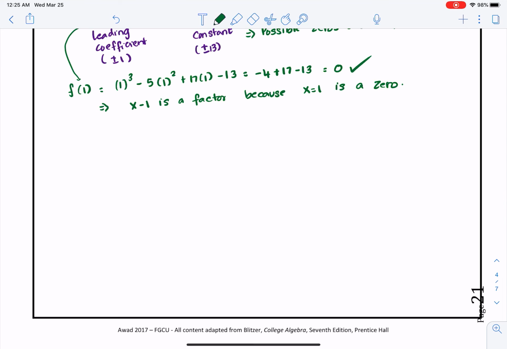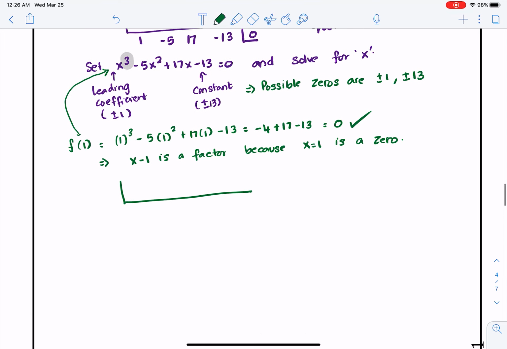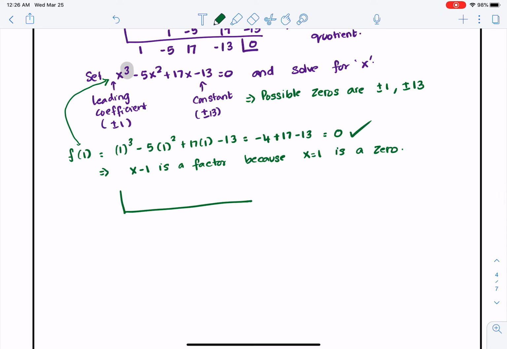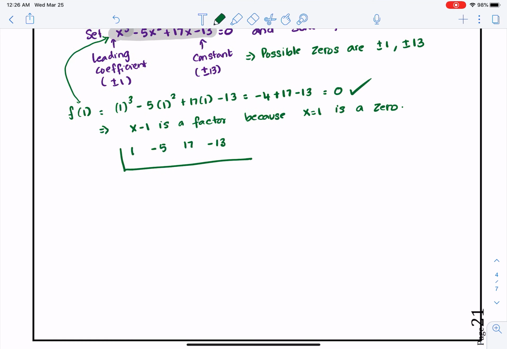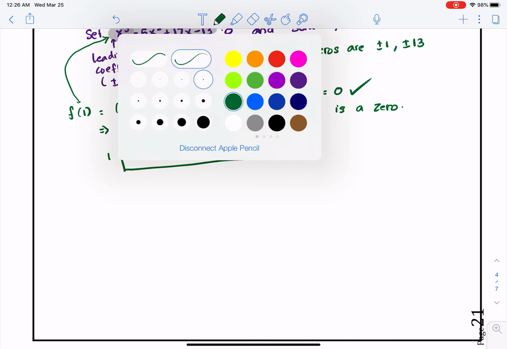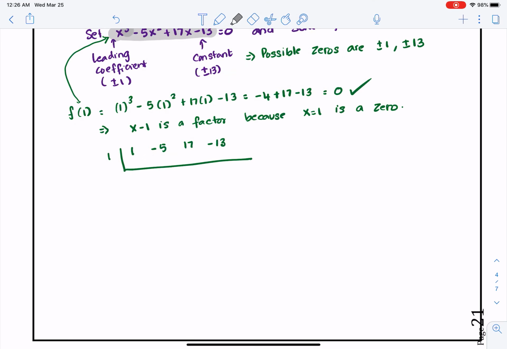So we do synthetic division again, and this has to be in the reduced polynomial, which is right here. So we have 1, minus 5, 17, and minus 13. So 1 goes in there because x minus 1 is a factor.